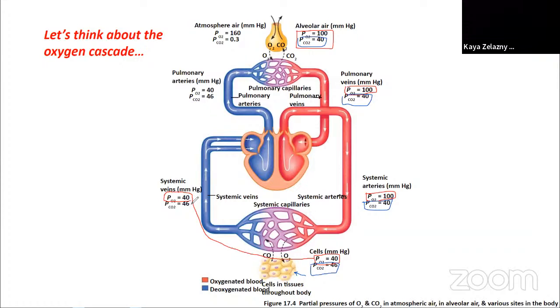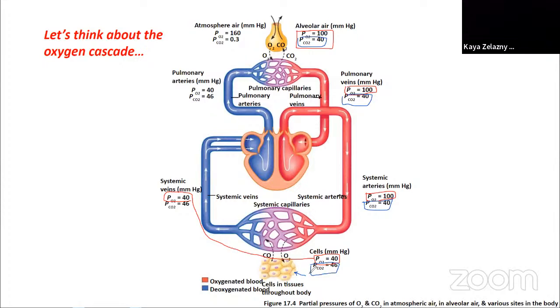So now that we've passed the tissue, our partial pressure of oxygen has dropped down to 40 to match the tissue. So it went from 100 in the systemic arteries to 40 in the systemic veins. And we've also picked up some carbon dioxide along the way. Our systemic arteries had a partial pressure for carbon dioxide of 40, but they grabbed some carbon dioxide from the tissue.